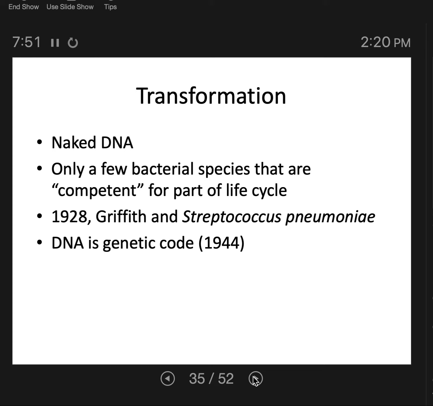What he found is that when he mixed the dead harmful Streptococcus with the live harmless mutants, what he got was harmful Streptococcus again. The killed harmful Streptococcus, once it was killed, didn't hurt the mice. The live harmless mutants didn't hurt the mice either, but when they were mixed together, it did kill the mice.